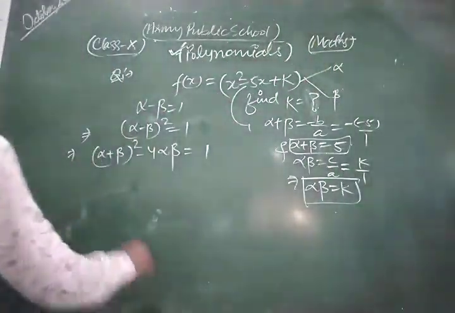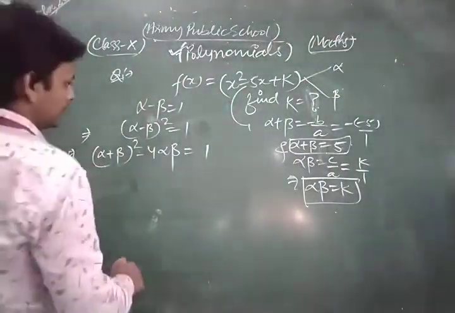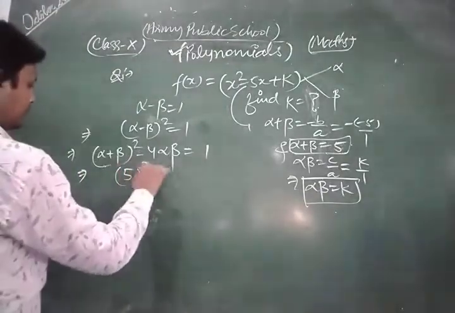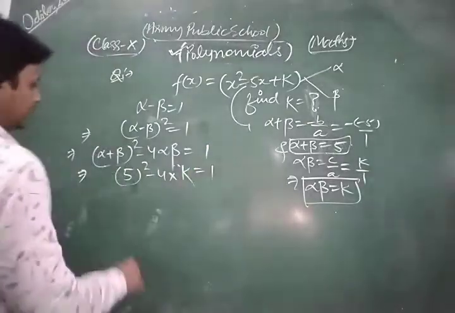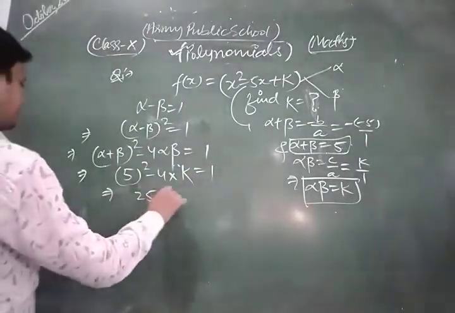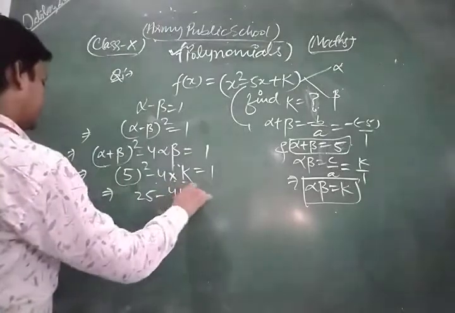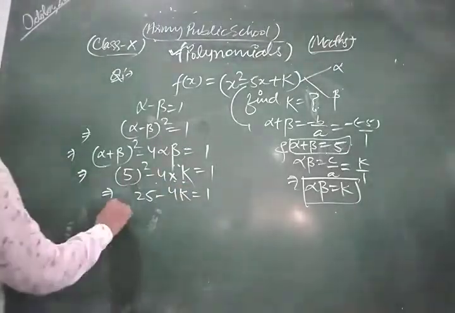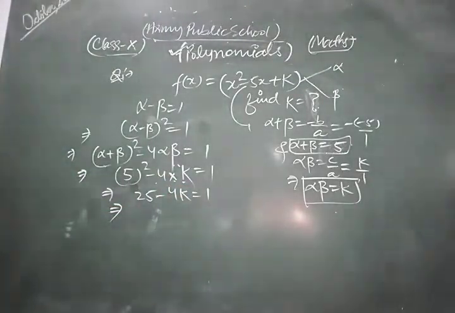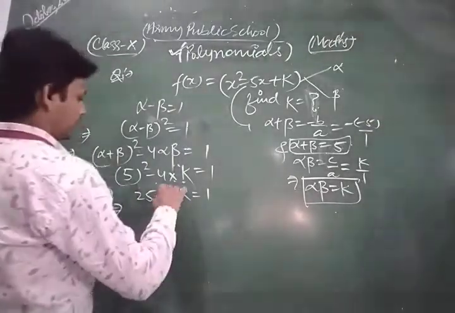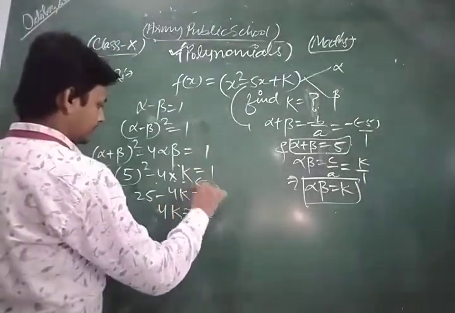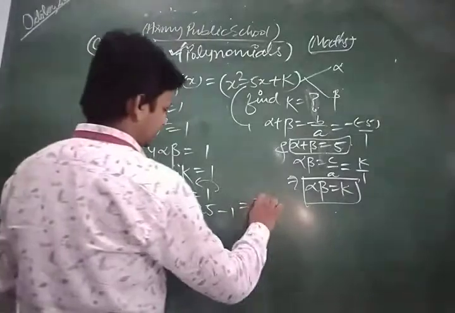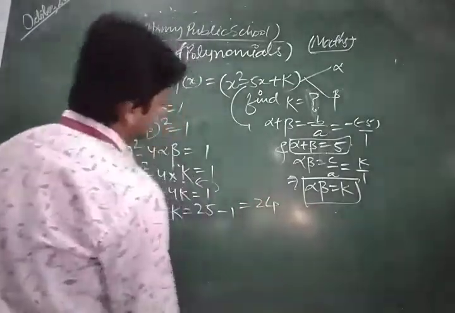So look, this is 5 square minus 4 into alpha into beta, which is k, is equal to 1. So 5 fives are 25, minus 4k is equal to 1. Now 4k transfers to that side as plus 4k is equal to 25, and 1 transfers as minus 1, that is 24.